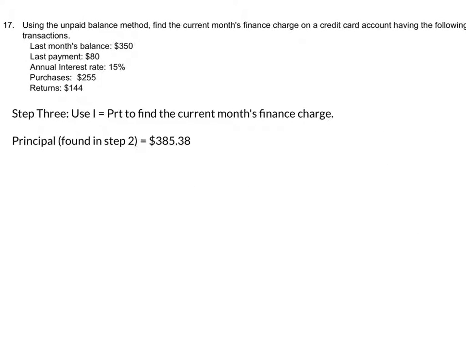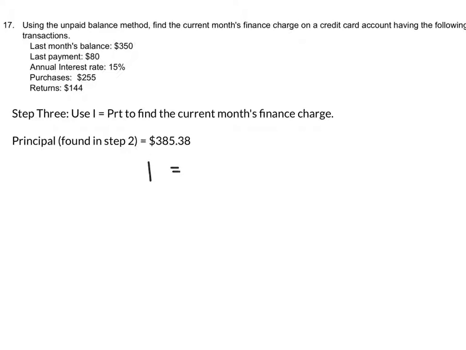The third and final step to the unpaid balance method is to use the formula I equals PRT to find the current month's finance charge. And we need to use the principal that we found in step 2 to do this.